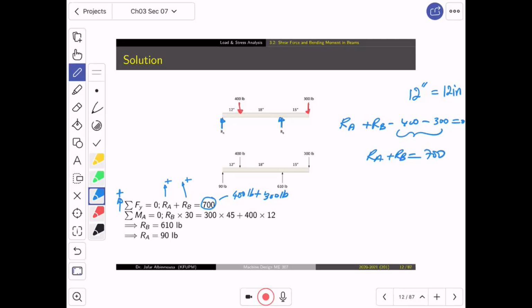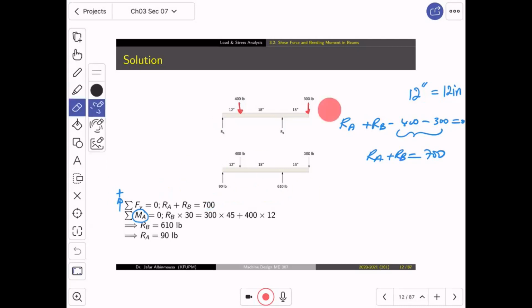Now the next step is to take the moment. This will help me to get rid of one reaction. So I'm going to take the moment at point A. Where is point A? This is point A. So if I take the moment about point A and assume that this equals 0, then look what will happen. Let me clean up the board. Sorry.